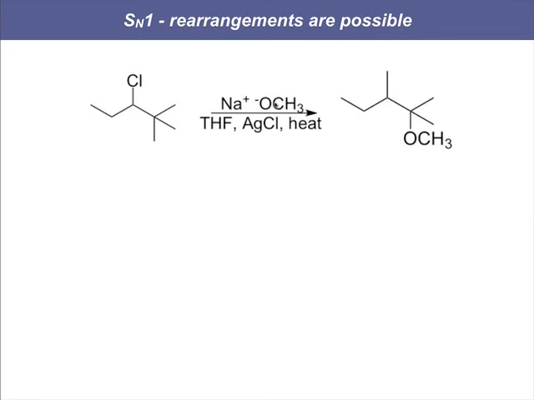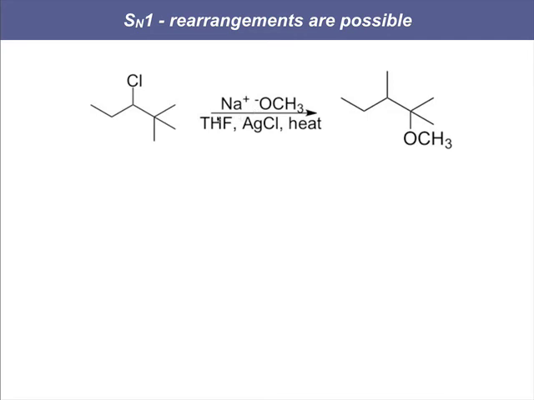Small nucleophile means SN1 or SN2 are in play. You don't have to have a bulky nucleophile to do SN1. You can though. You do have to have a small nucleophile for SN2. So based on our substrate and based on our nucleophile, we have SN1 or SN2 possible, both of them.